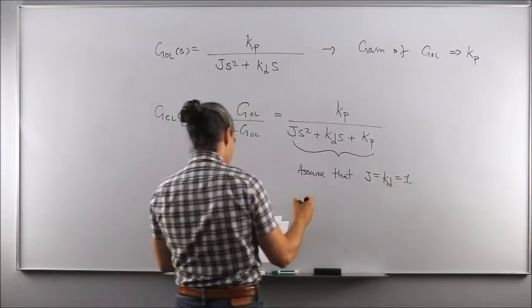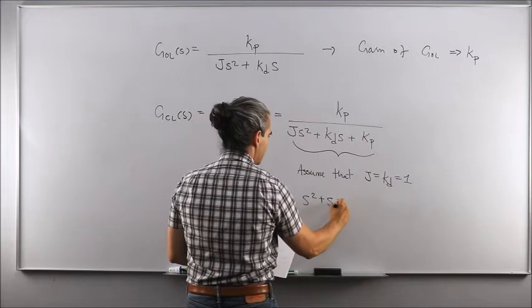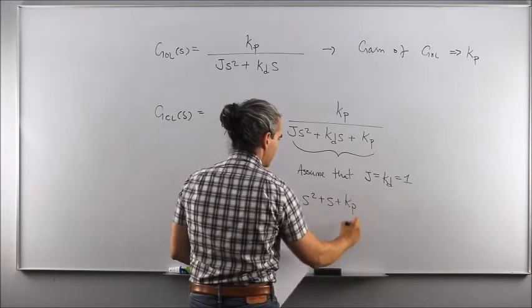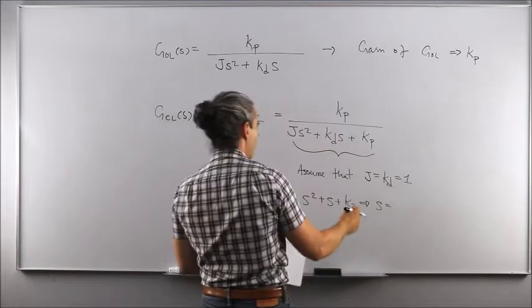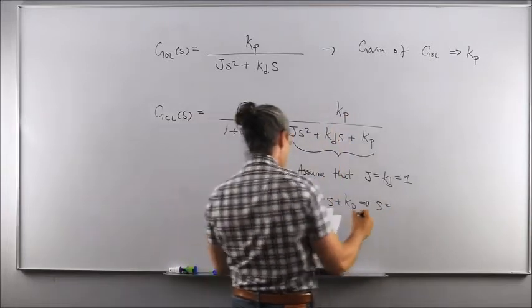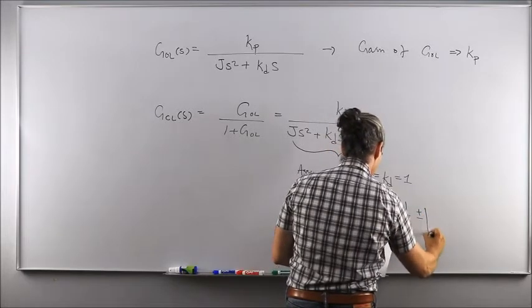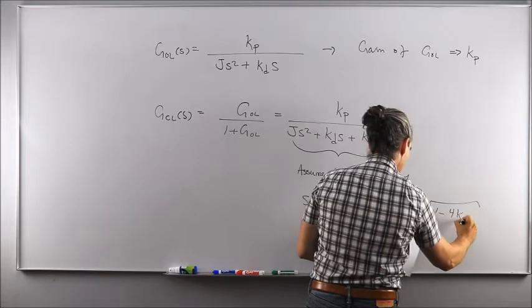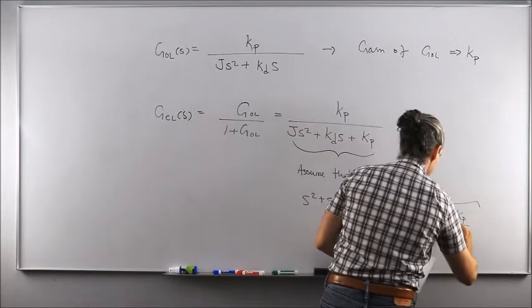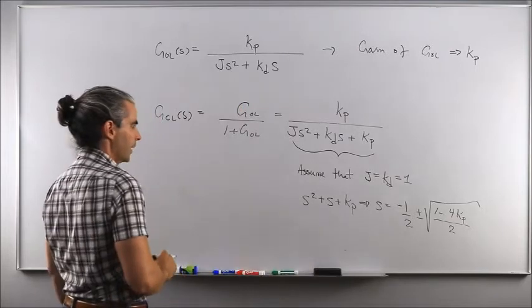If you do so, you will end up with s squared plus s plus Kp, which would give you the poles of the closed loop transfer function located at minus 1/2 plus minus the square root of 1 minus 4Kp, over 2.